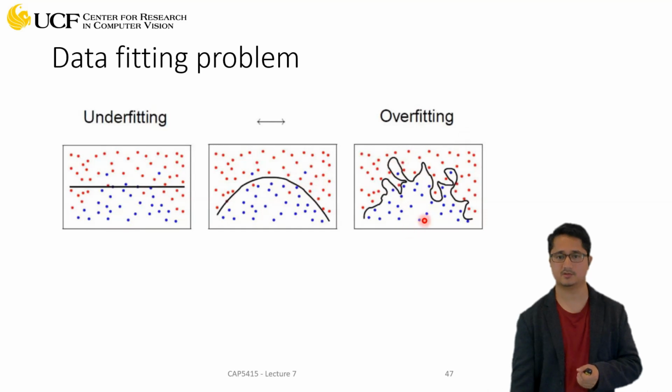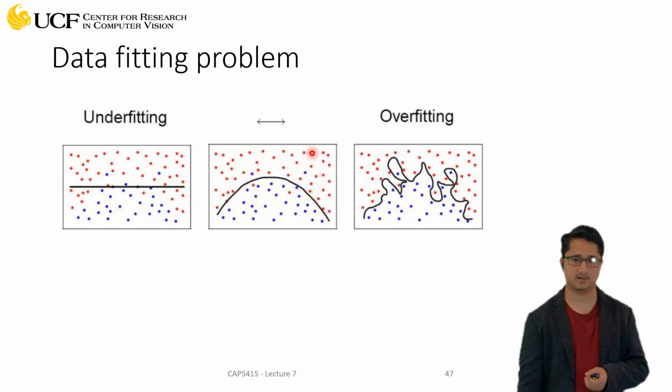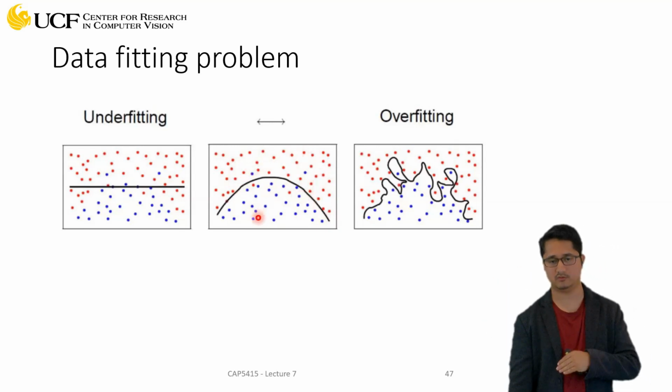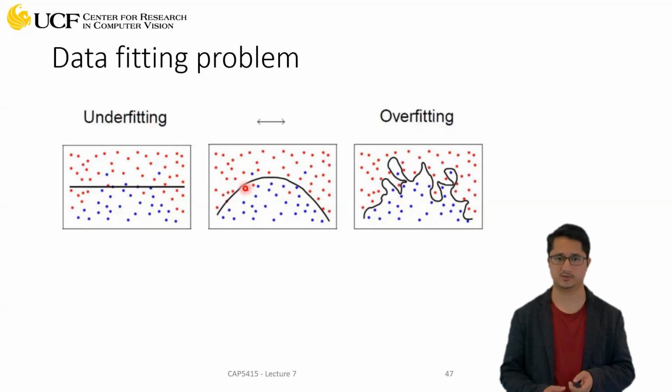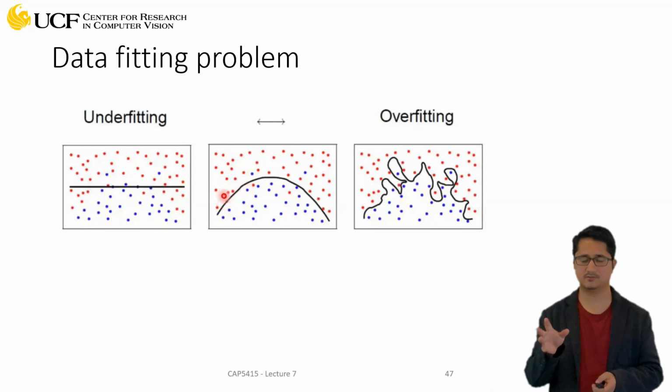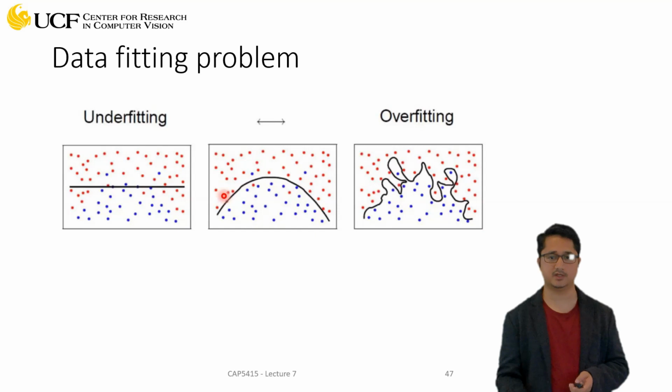That's why it's not good, because it's trying to please each and every training sample, which is not good. In this case, you can clearly see the distribution. If you pick any red point on top of this curve, it's going to be red. And if you pick any point towards the blue, it's going to be blue. The challenging cases will be the boundary cases, but which is fine. That's challenging even for humans. Okay, so that's what underfitting and overfitting mean.